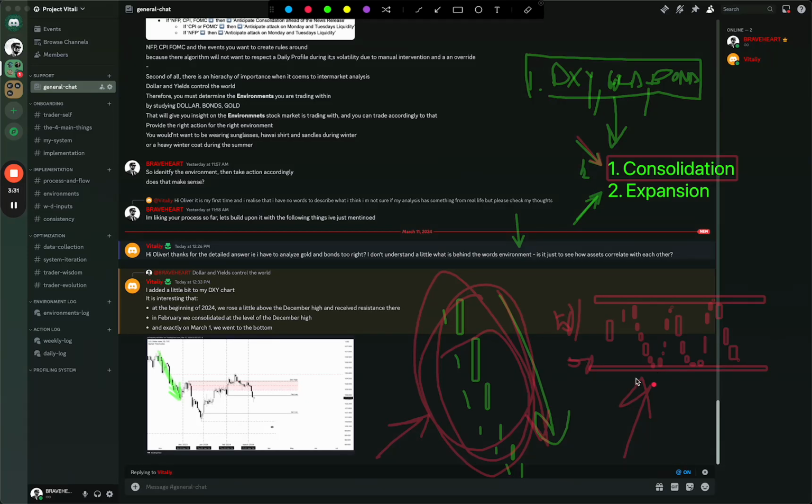If the consolidation says it's 50-50, we want our bias to not be one-sided, but to be in, out, in, out, in, out, right? These phases last for 3 to 4 months each, so basically one trading quarter. Each trading quarter is going to have its own narrative. It's either going to be consolidating or expansion, and then we want to suit our trading style accordingly.